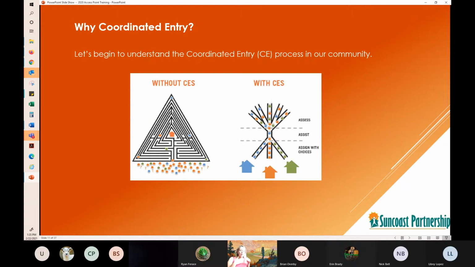So when we're talking about assigning clients with choices, we are still assigning them with choices of rental unit offers on the rapid rehousing side, or different types or intensities of permanent supportive housing. But choices often are limited because of capacity. Either way, it creates more of a concrete flow for clients to enter the system, be triaged, and then connected to the appropriate intervention service.